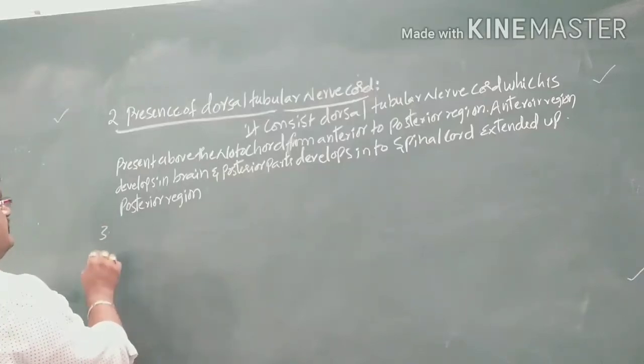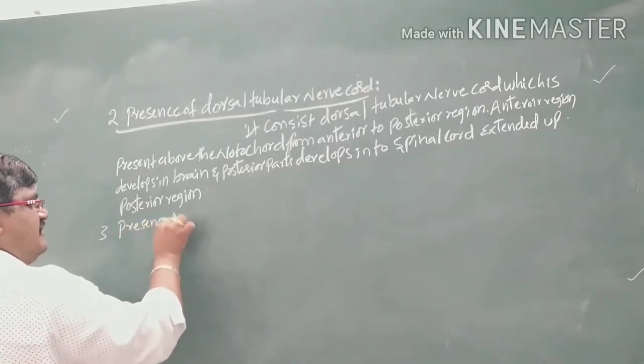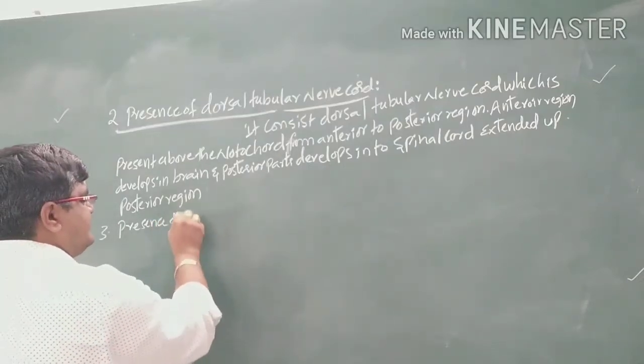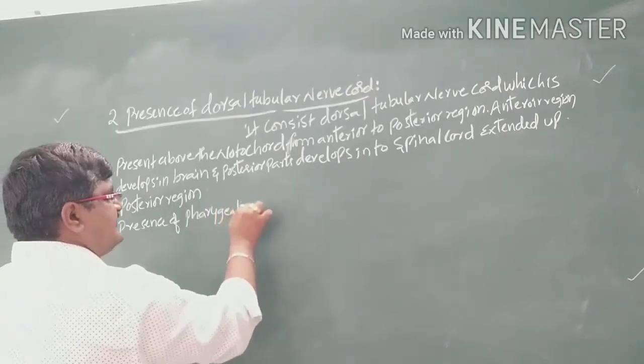Next, the third one is the presence of pharyngeal gill slits.